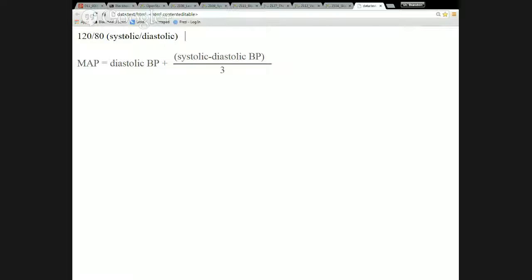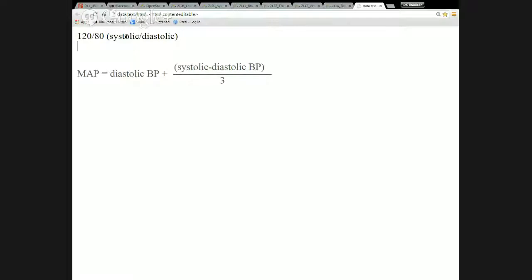And the pulse pressure is going to equal systolic minus diastolic pressure, which in this case is going to be 120 minus 80, which means that it's 40 millimeters of mercury.